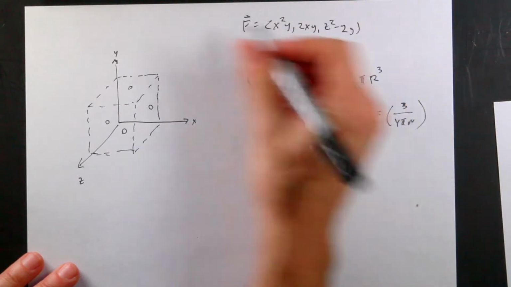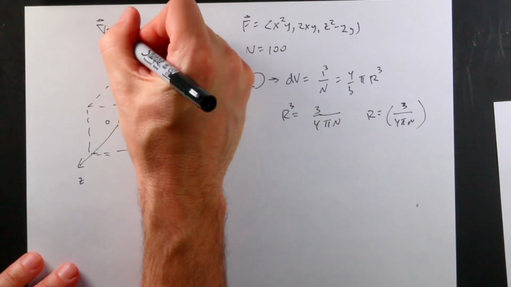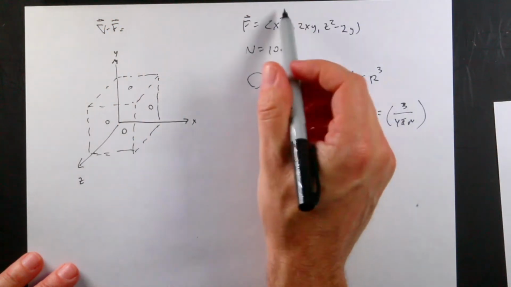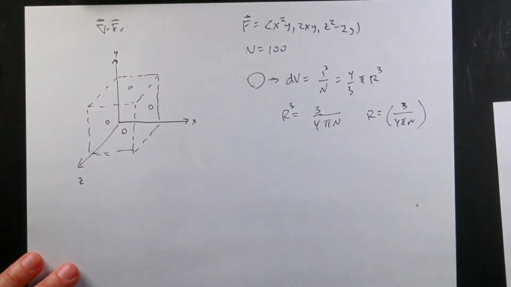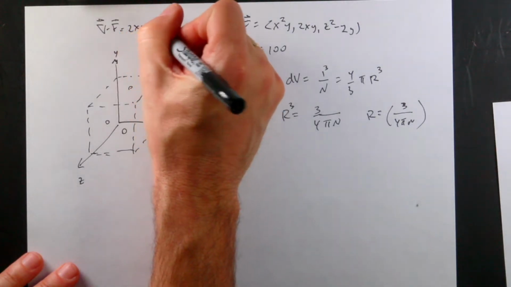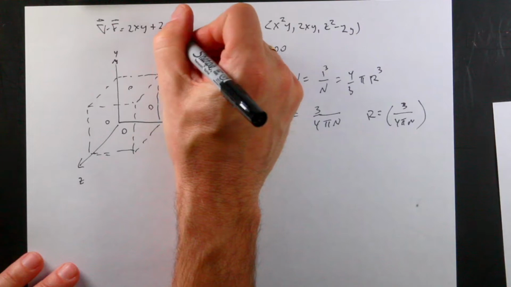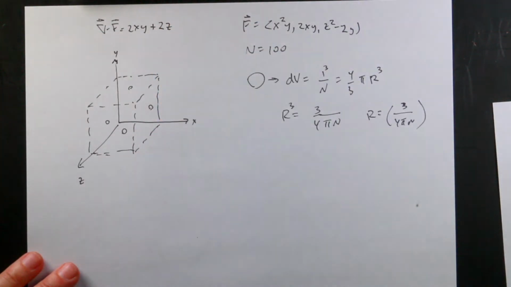I'm also going to use the same divergence, or del dot f. I did this before. It's just going to be equal to 2xy plus 2z.